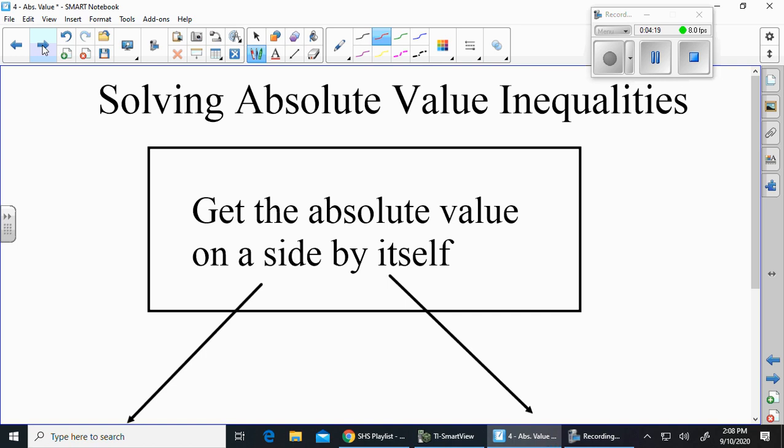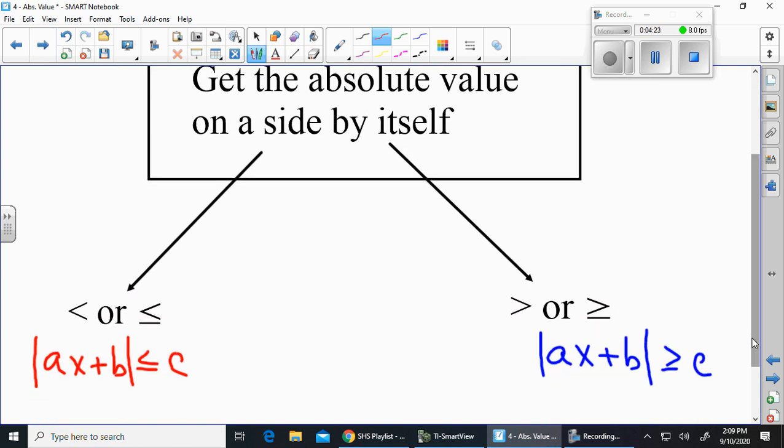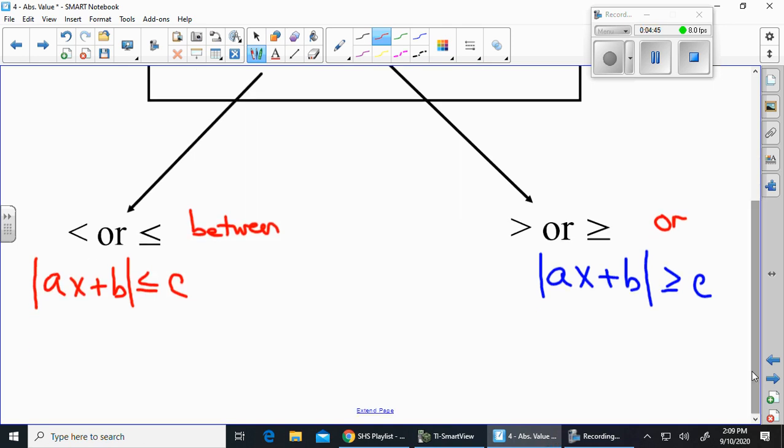So once it's by itself, well, now I have to look at what the sign is. If it's less than or equal, it's going to be a between. If it's greater than or equal, it's going to be an or.